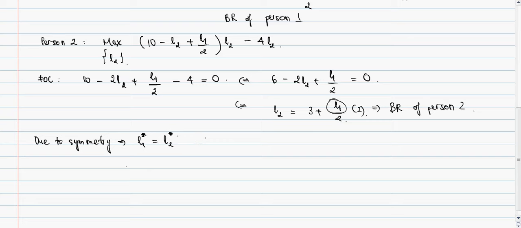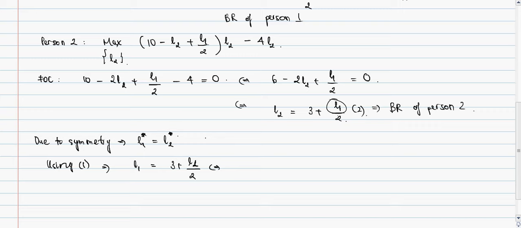Okay, so knowing L1 equals L2, I'll use the first equation, you can use the second equation, that will just give you the same answers anyway. So using the first equation, I get L1 equal to 3 plus L2 on 4, and L2 is equal to L1.